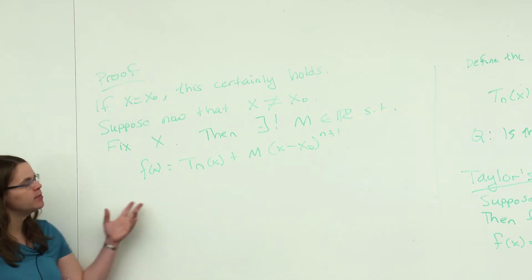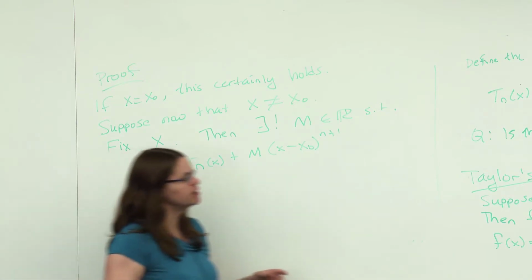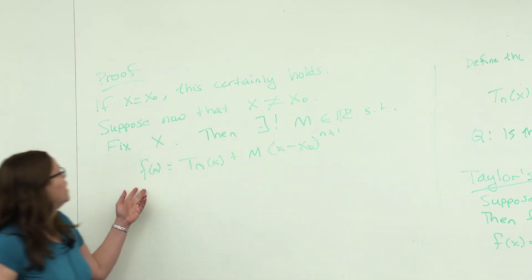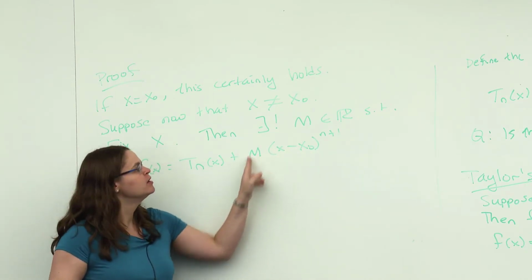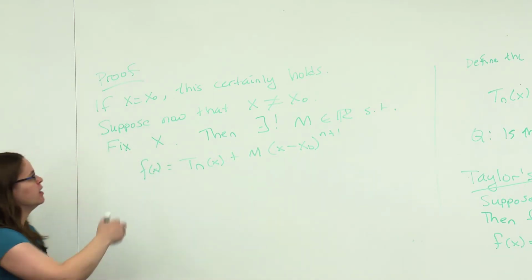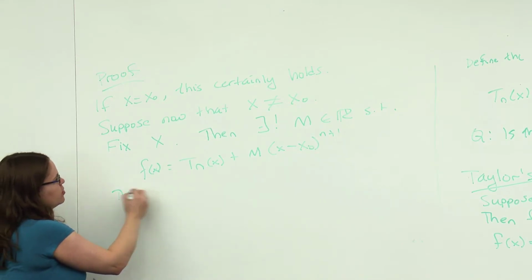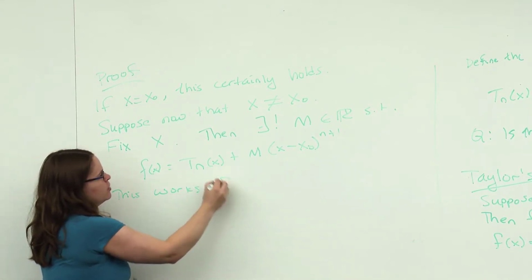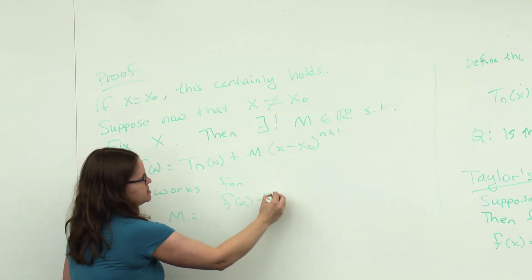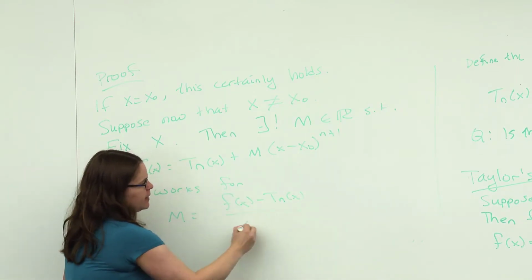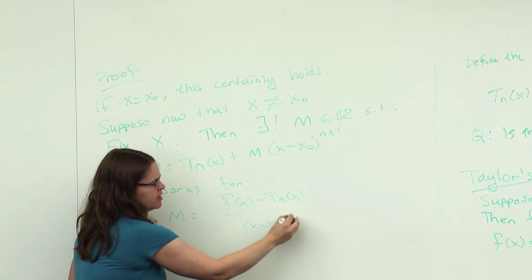And again, I'm not doing any magic here. All I'm doing is saying f of x is equal to T plus some error. I'm choosing to write the error in this form where this is free. This is going to clearly work for m equal to f minus T divided by x minus x naught to the n plus 1.